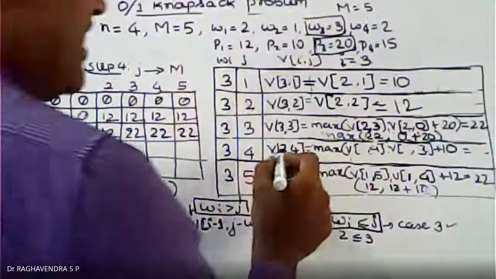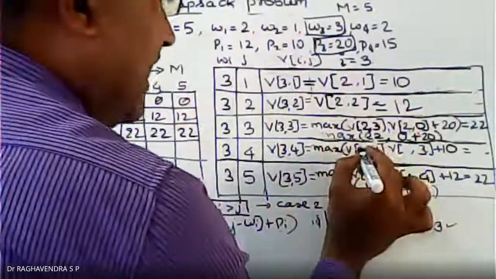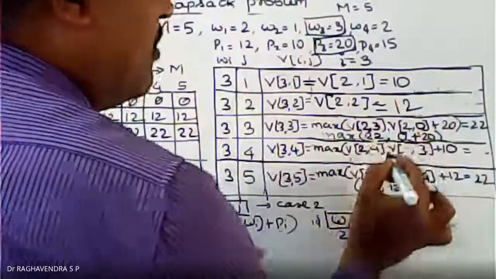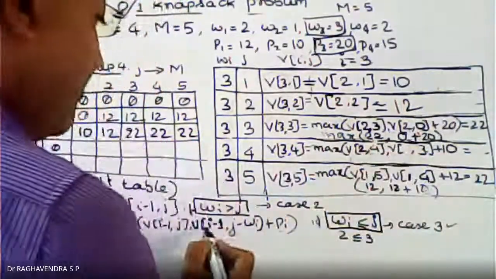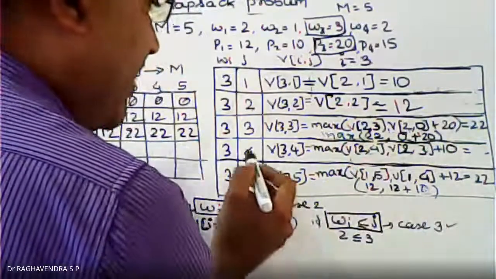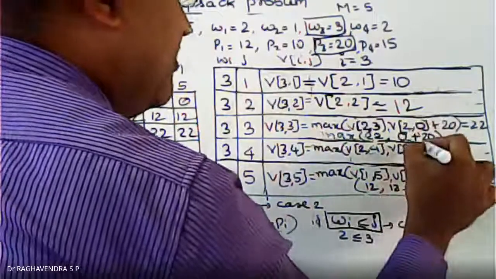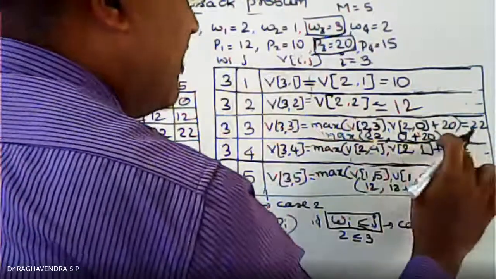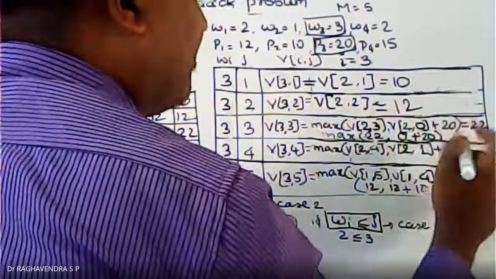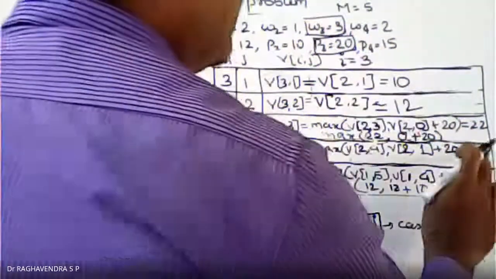So once again, max of V of i minus 1, i is 3, 3 minus 1 is 2 comma 4, comma V of i minus 1, which is again 2, comma j minus wi, 4 minus 3, what is the value? 4 minus 3 is 1, plus profit. Profit is 20 because item 3 we are inserting.